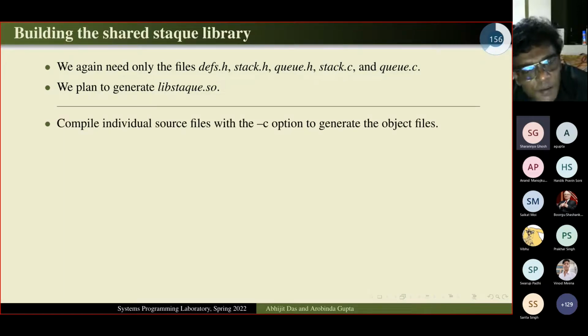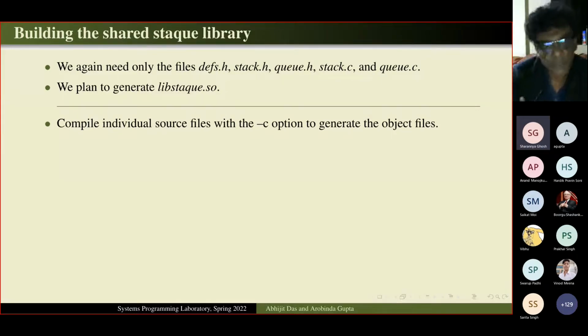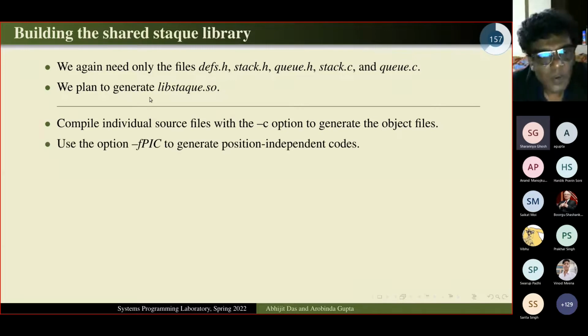Once again, the first step is to compile individual source files with the -c option to generate the object files. But this alone will not suffice. You have to compile each of these individual source files with an additional flag, -fPIC, where PIC stands for position independent code.